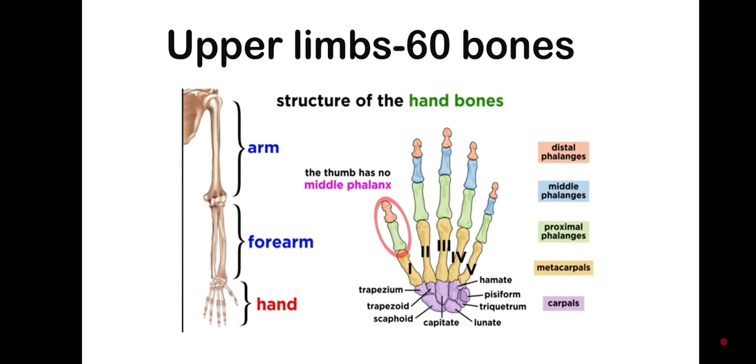Then the metacarpals are 5 per hand, altogether 10 bones. Then there are 14 phalangeal bones, and in both the right and left hand together there are 28 bones.